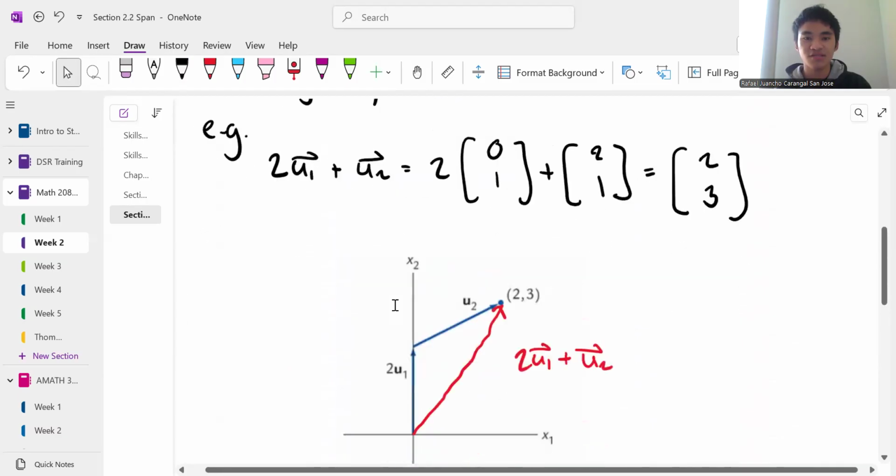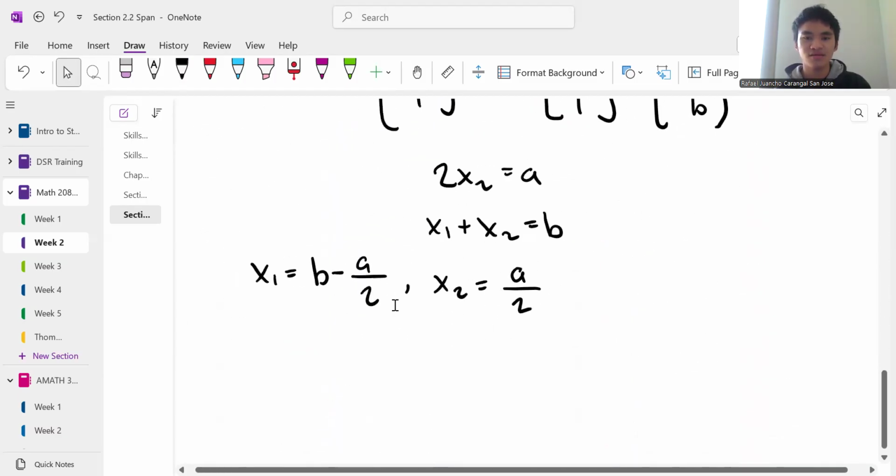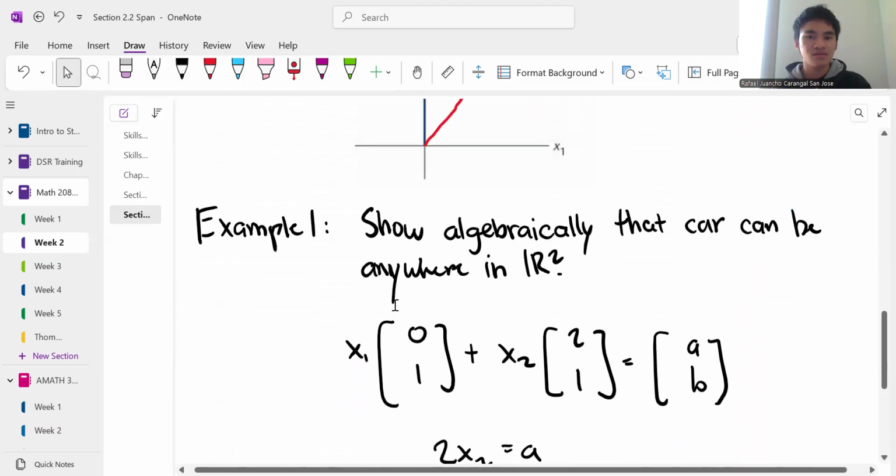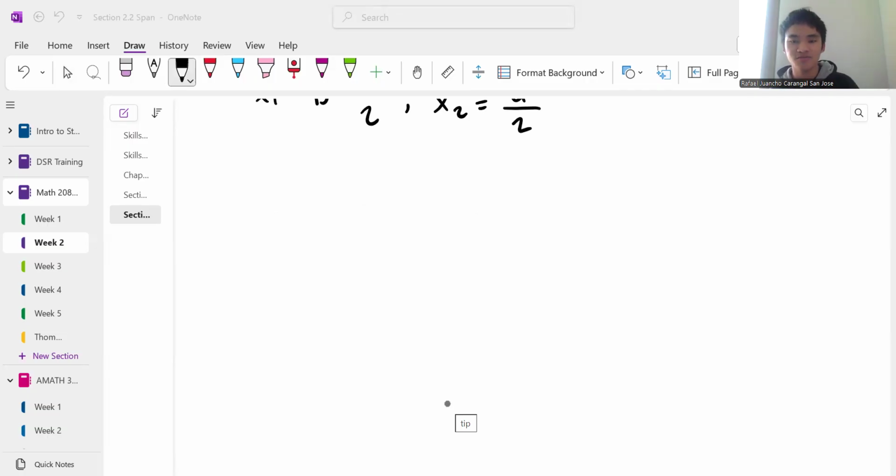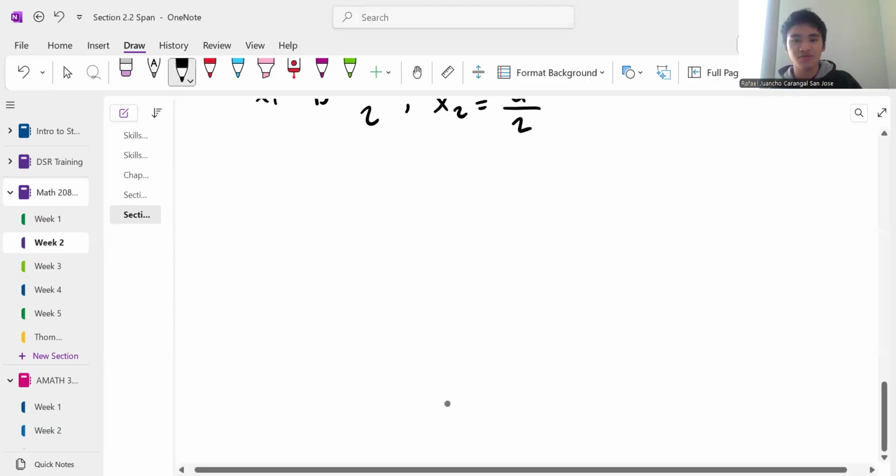We can get these scalars. So what does it actually mean to go everywhere in R2, right? What that actually means is here we introduce it.